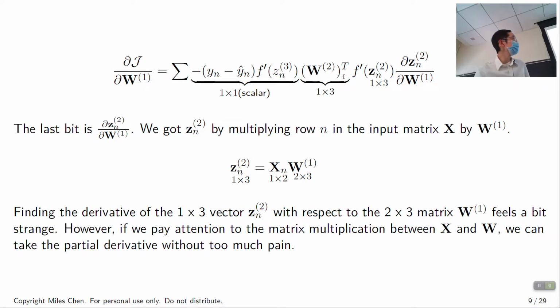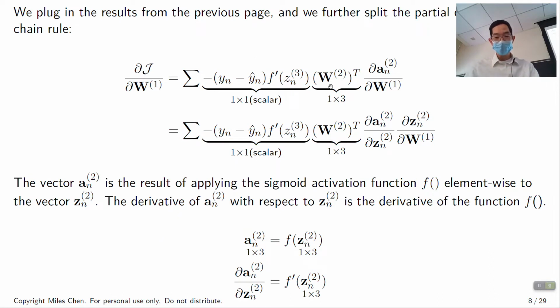This is a spot where, if I try to do matrix multiplication, these two things are not going to multiply. So should I do element-wise multiplication here? The answer is yes.